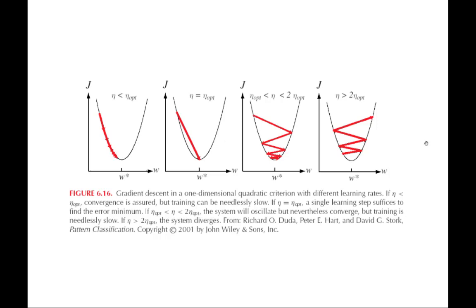It's sort of equivalent. If you are a little bit too large, you see an unstable behavior. If you look at the weights, they will switch back and forth all the time, but eventually it might settle into the optimum. And if your eta is really too large, then the whole learning procedure can even become unstable. So it is important to pick the right eta. You don't want to wait forever, and you don't want to have unstable behavior.